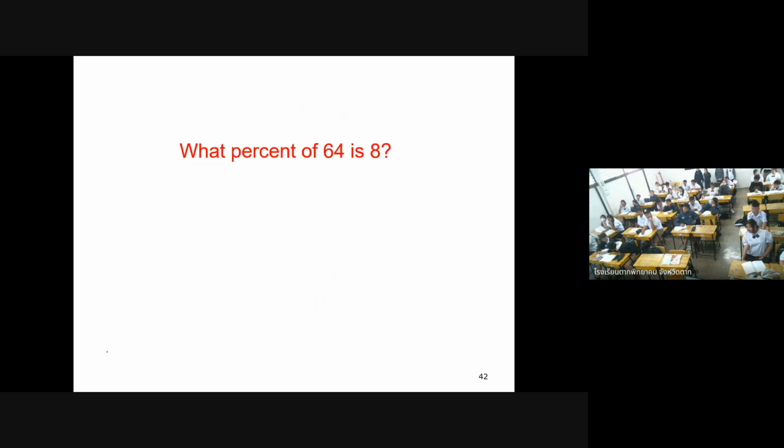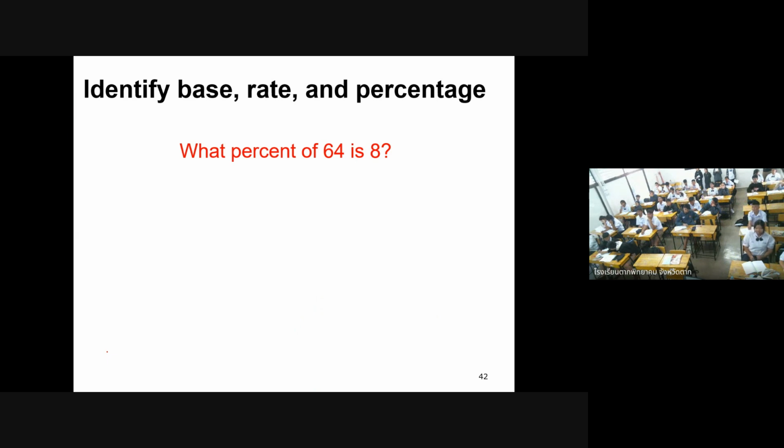Can you please identify the rate, the base, and the percentage?